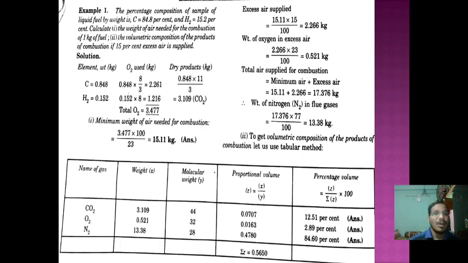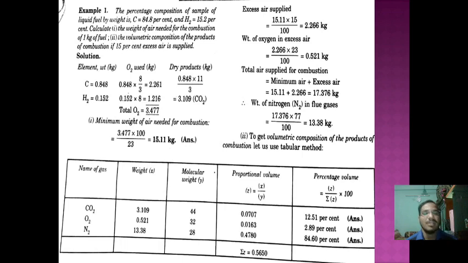Here we are solving the problem, so pay proper attention, then only you can understand. First, calculate the weight of air needed for combustion. Second, calculate the volumetric composition of the products of combustion if 15% excess air is supplied.